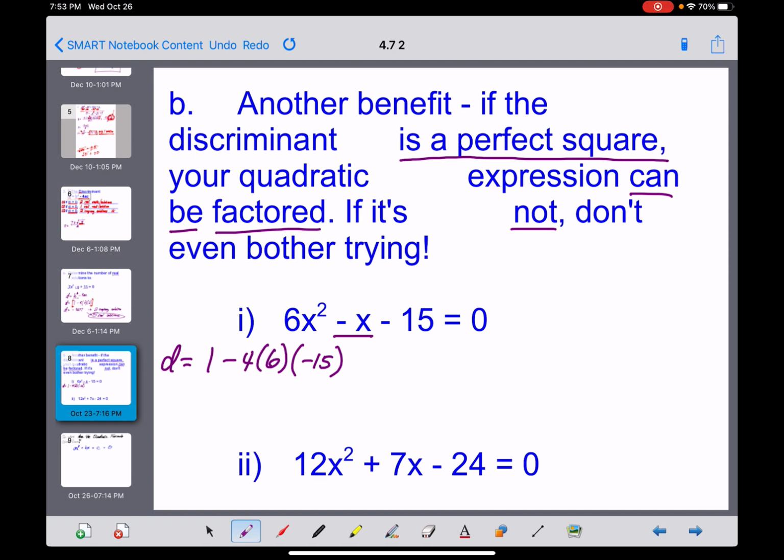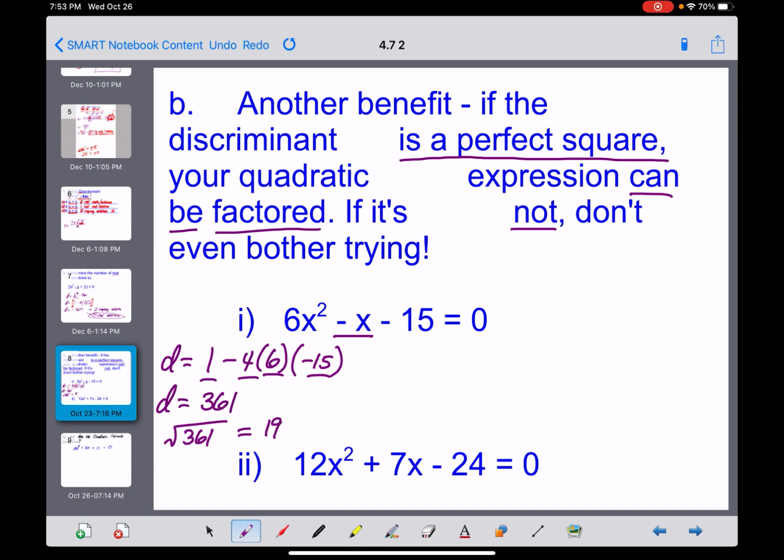Okay, and what's going to happen there, guys, is that minus is going to turn into a plus, and let's see, 4 times 15 is 60, 60 times 6 is 360, 1 plus 360 is 361. And the square root of 361, you guys go ahead and type this into your calculator if you don't believe me, is 19.